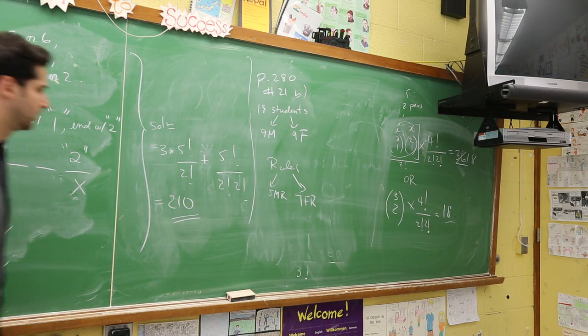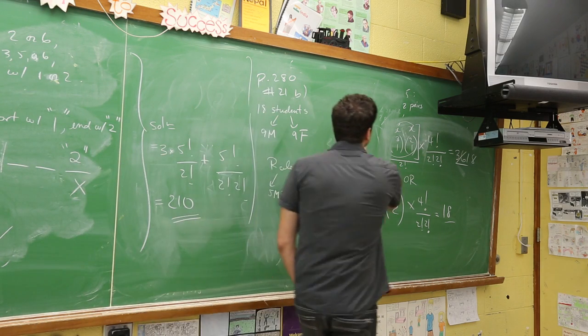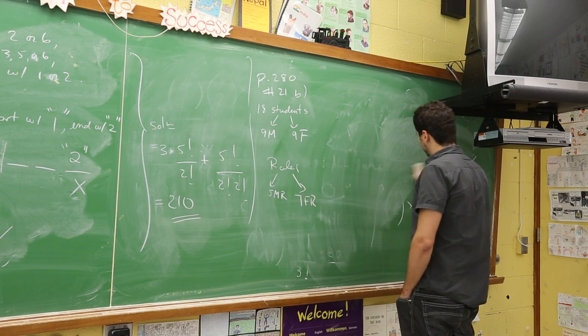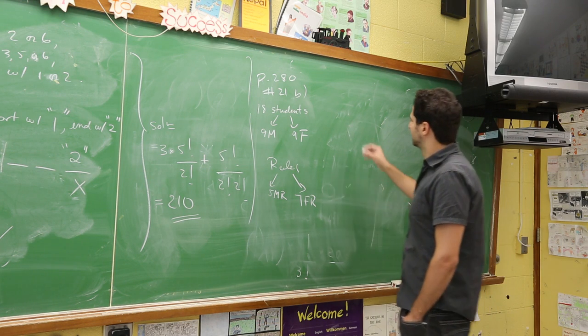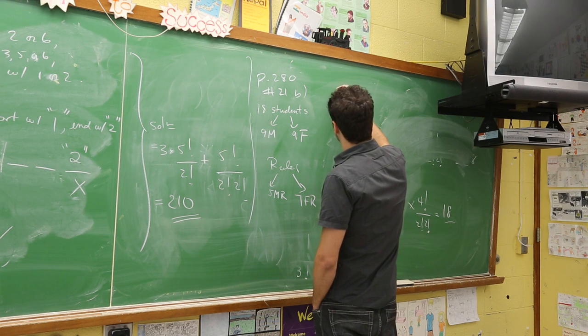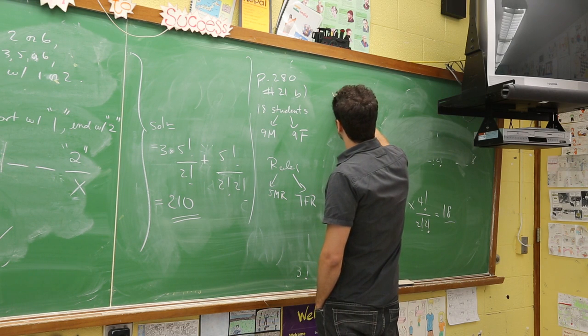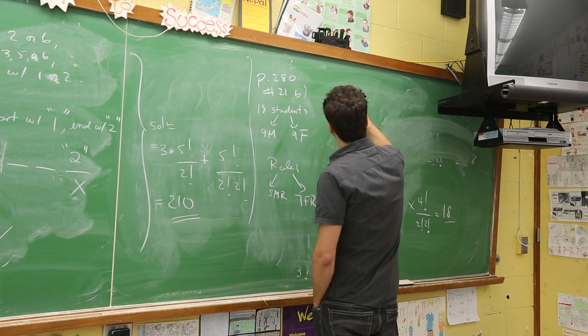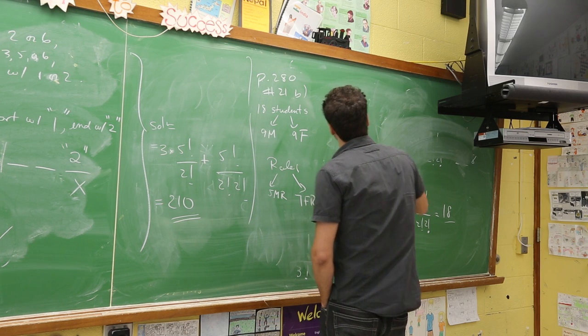Okay. So now B says, in how many ways can the teacher cast the play if Jean will play the young female part only if Jovan plays the male lead? Is Jean with a J or G? Jean.